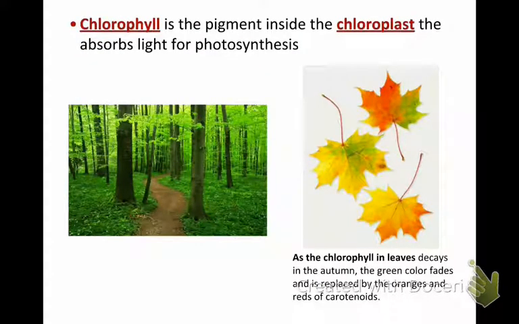Chlorophyll is the pigment inside the chloroplast that absorbs the light for photosynthesis. Now, usually each year somebody clever will be like, well, what happens when the leaves turn red, right? So as the chlorophyll in the leaves decays, as the leaves are dying in the fall, in autumn, the green color fades and is replaced by the oranges and reds of another pigment.